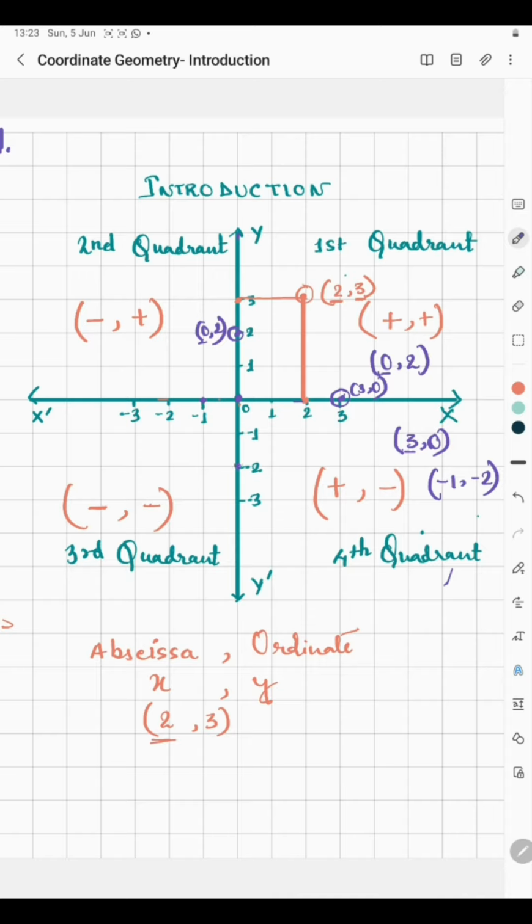Now from -2 we draw a perpendicular line, and from -1 we draw a perpendicular line, and these two lines intersect over here, so this is -1, -2. Always remember, we write the value of x first, which is -1, and then we write the ordinate, the value of y, which is -2.